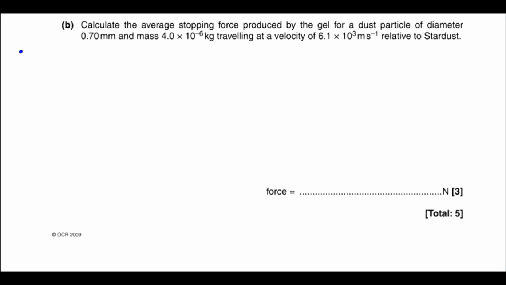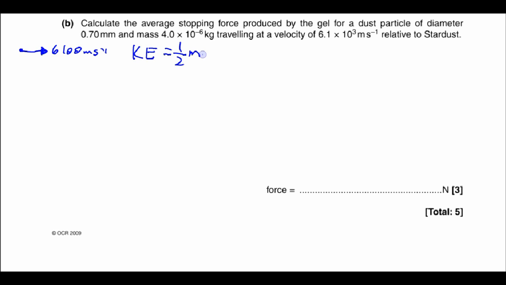When the dust particle was moving at 6100 meters per second, it had some kinetic energy. We can find this kinetic energy by using the equation half mv squared.